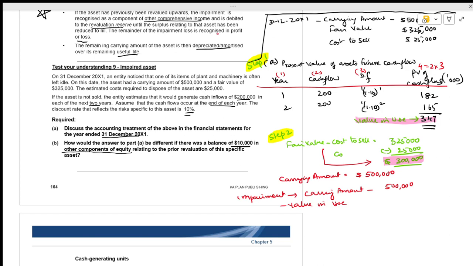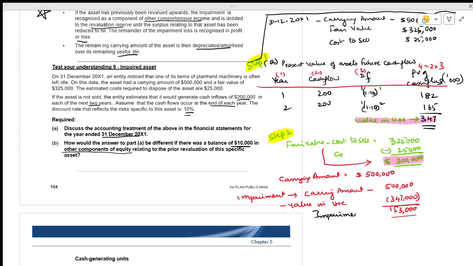How much is there? 347. The difference is 153. This 153 is going to be identified as impairment.